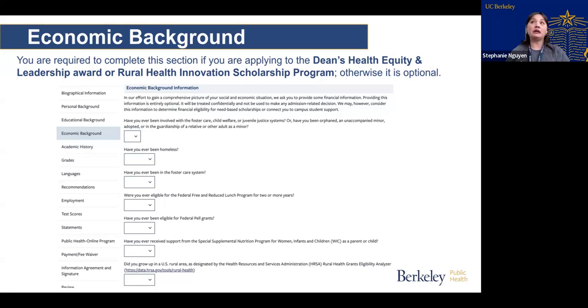That way it will be a completed process to apply to the program. So it's not only the forms. We'll get into that in just a second, but overall, this is an important piece to completing that scholarship application. And that's specifically the Dean's Health Equity and Leadership Award, and also the Rural Health Innovation Scholarship Program. Otherwise, this section will be optional.